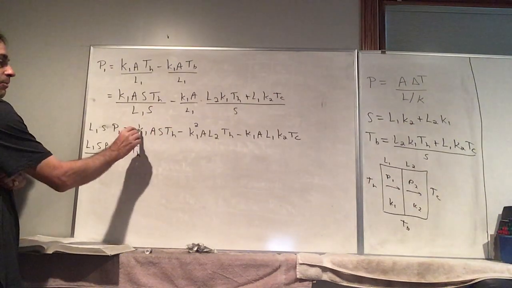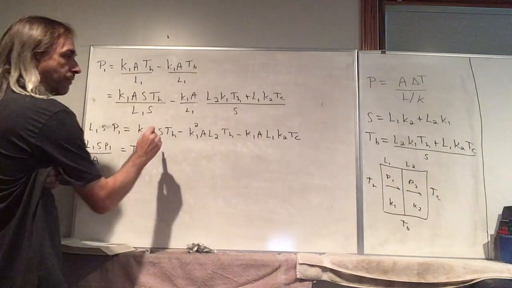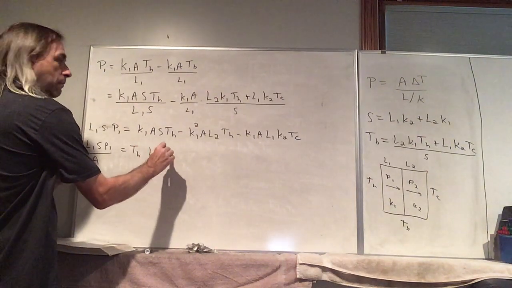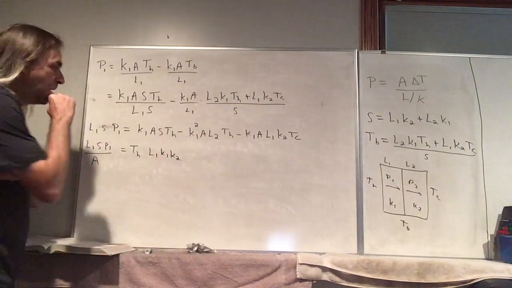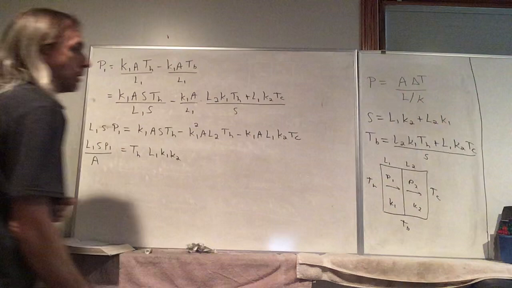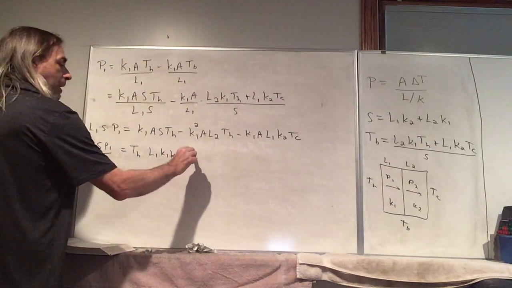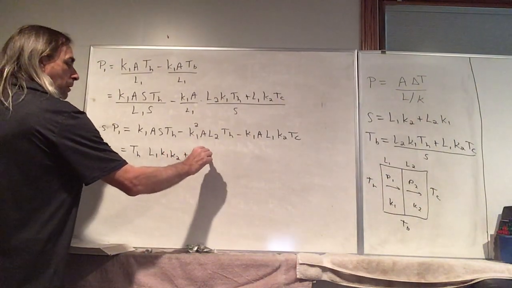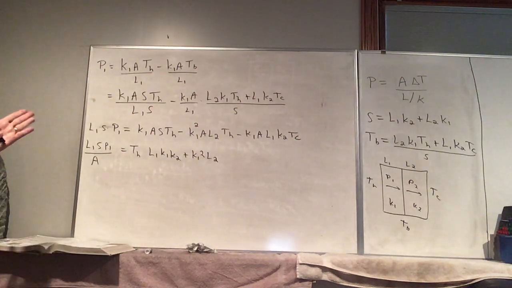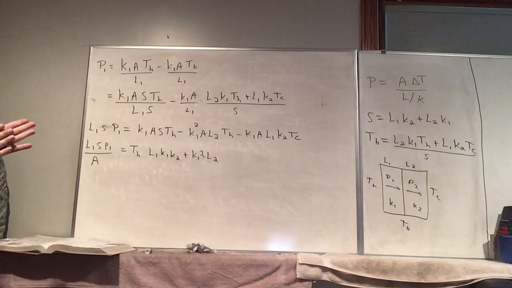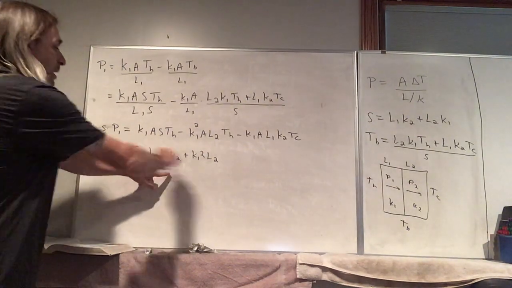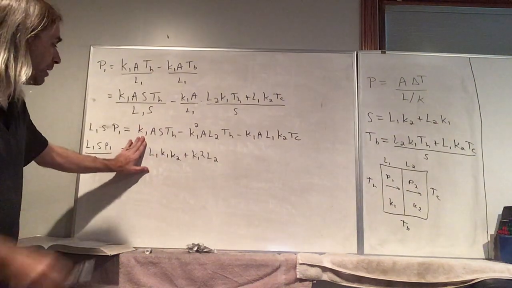And then the first term we have K1 times S. So we have L1, K1, K2. So we're multiplying S by K1. So L1, K1, K2 plus K1 squared L2. So, K1 times S. That should just be these two terms.